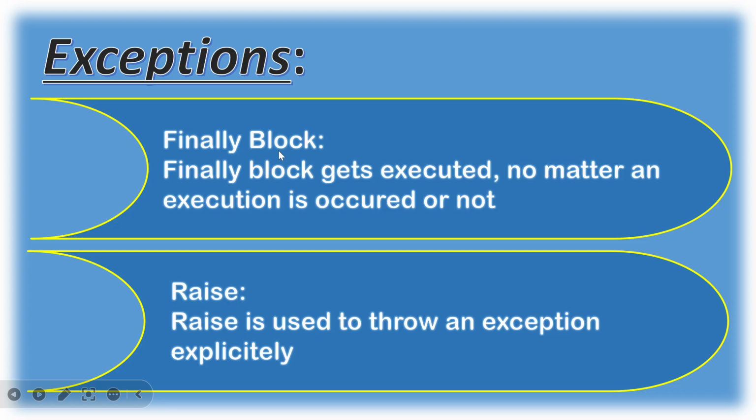The first one is the finally block. Finally block means it gets executed no matter whether an exception has occurred or not. Likewise, raise is used to throw an exception explicitly. Let's see some examples for this.